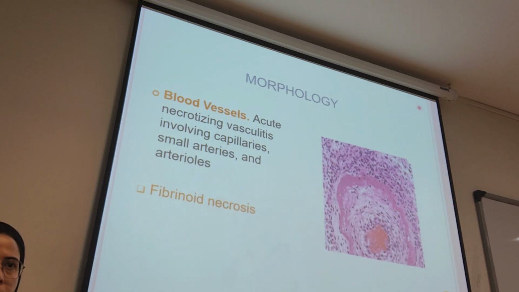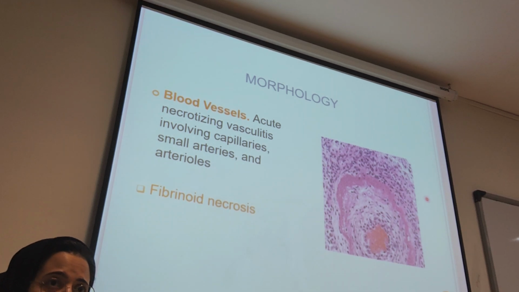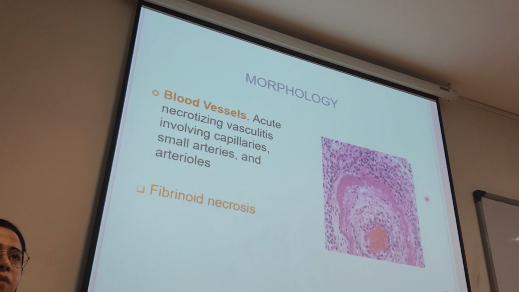And what's in the center? This is the lumen of the vessel. This lumen is filled with RBCs, okay? And this is the vessel wall. And how do you know it's vasculitis?